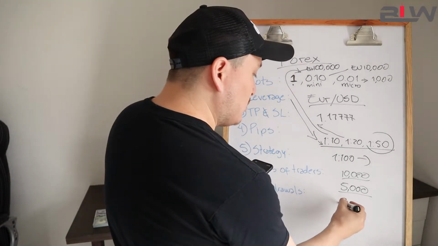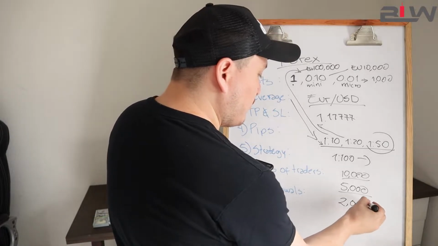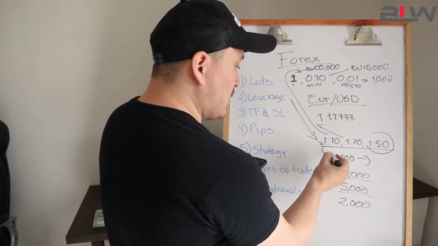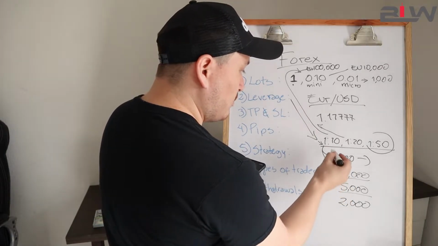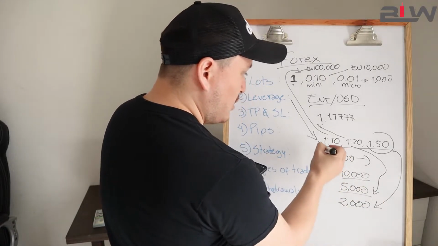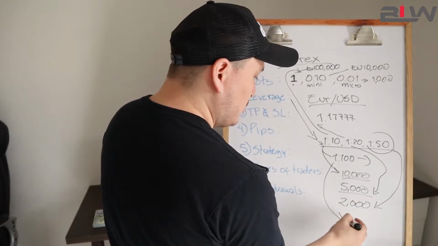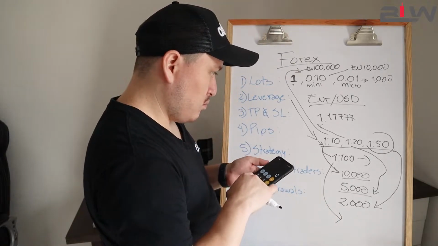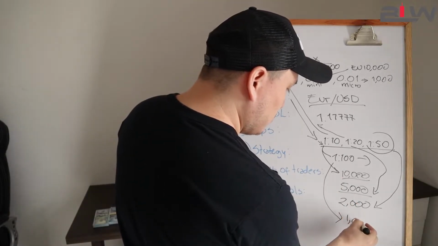Yeah, 2,000 euro will be for one lot. This is, I'm sorry, this is here, this is here, and this is here. And the 1:100 will give you 1,000.